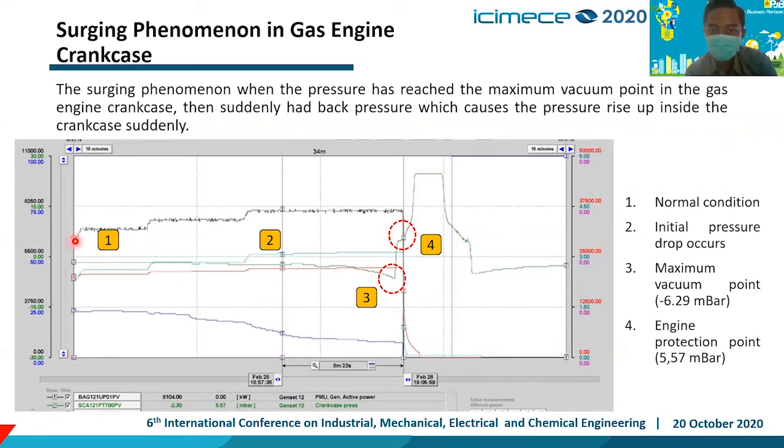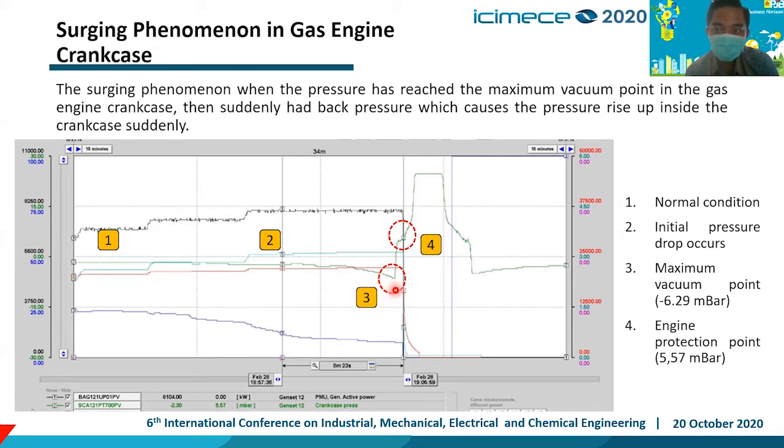We can see there are four steps here. First, when the engine is below 8 megawatt, the crankcase pressure, the green one, is stably normal. But at number 2, we can see here the crankcase pressure is raised and then drops until, at number 3, minus 6.29 millibar.